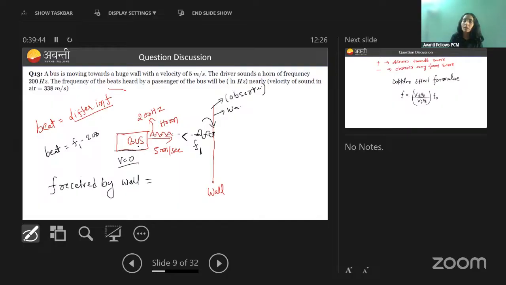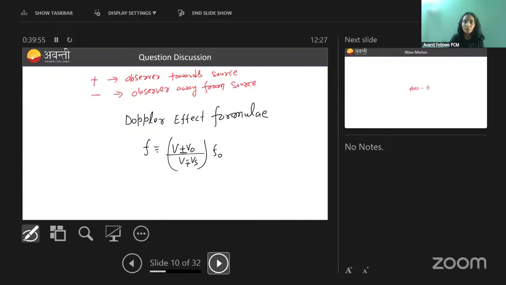So the source is moving towards the observer. How will you write the frequency? This is the comprehensive formula, I would say. It will accommodate all sorts of things; only the sign convention you have to remember. So V plus or minus V naught, divided by V minus or plus Vs, into F naught. F naught is what?